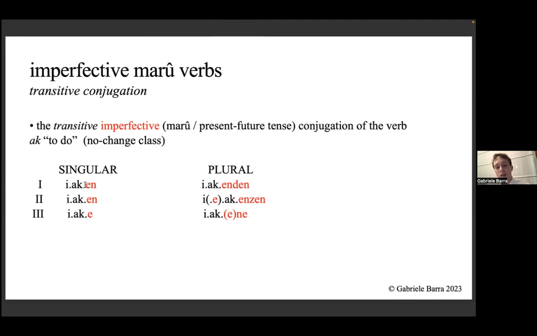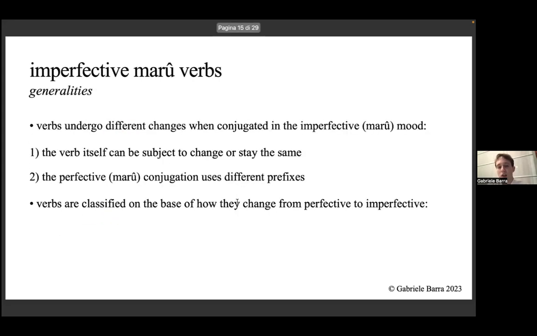Now you put something after. So you put N and N. Then you put E for the third person. Again, there is no difference between the object class and the person class. It's all E.